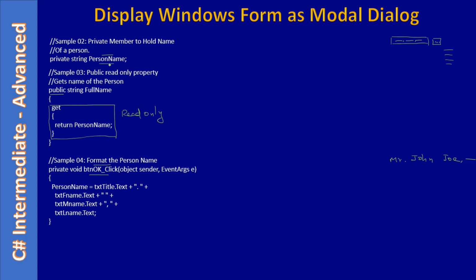Whoever is making use of or calling this dialog cannot access the person name directly, but they can access it through a property because it's public. But the property has only the getter version. That means you can only read the property, you cannot set the person name. All right.